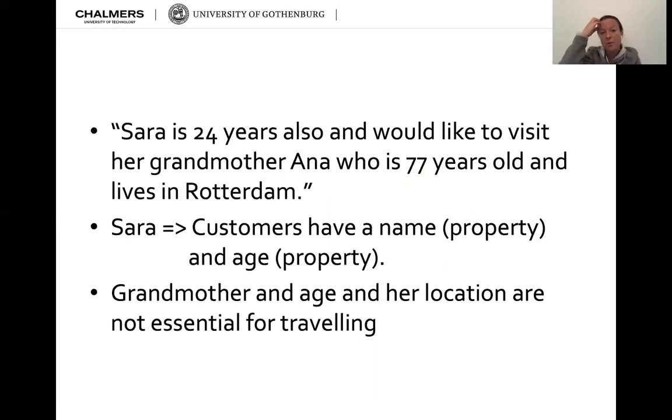Sarah is 24 years and would like to visit her grandmother Anna, who's 77 years old and lives in Rotterdam. So from Sarah, we take customers have a name, that's a property, and they have an age, that's also a property. Why does that matter? 24, 77.